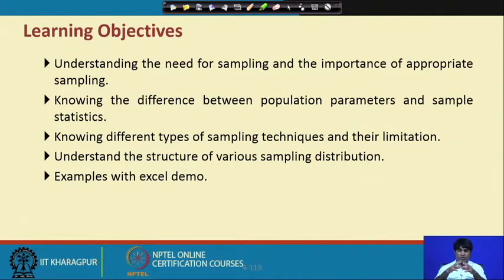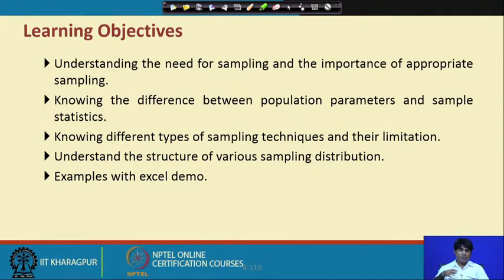So, here the game is between sample and population, and in most cases we like to solve the engineering problems by using some sample cases only, because it is very difficult to go for the population as a representative to analyze the engineering problems. So, what we are supposed to do is select a particular sample to analyze the typical engineering problems.